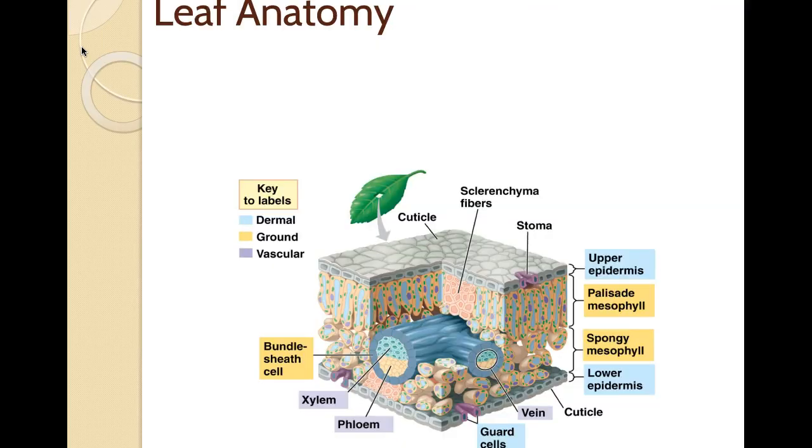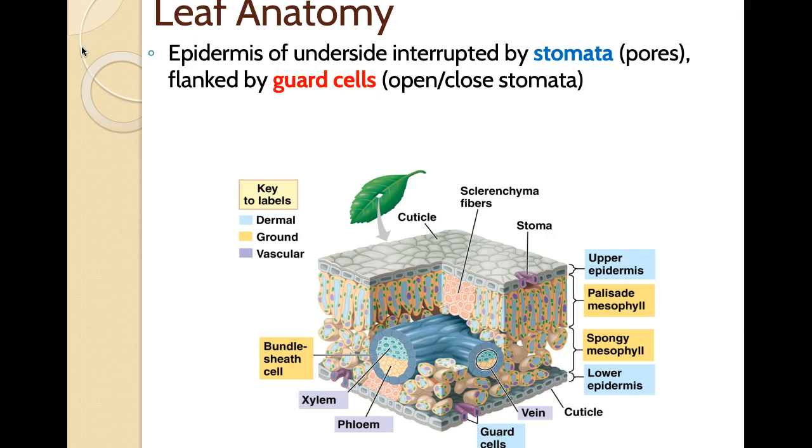Combining a little bit of what we learned about leaves, tissues, and cells, we're going to put it together on this slide. The epidermis of the underside of the leaf has interruptions, which are known as stomata.